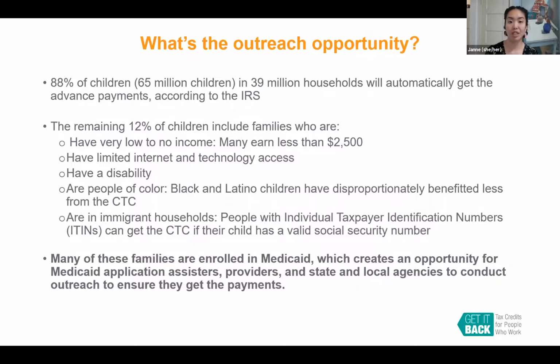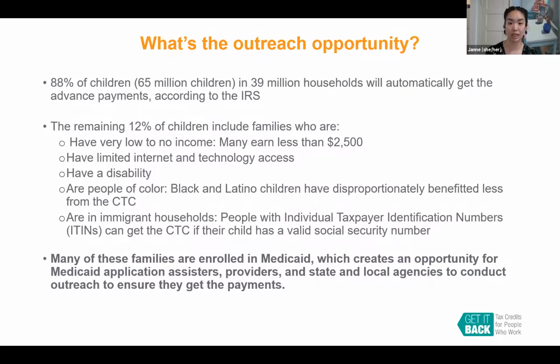I do also want to point out that of the hard to reach population that we're particularly concerned about, we are concerned about reaching immigrant households. So with the CTC, as with many other benefits, people who do not have Social Security numbers, who have ITINs, can still qualify for the CTC if their child has a valid Social Security number.